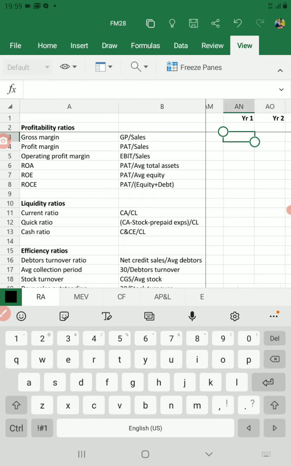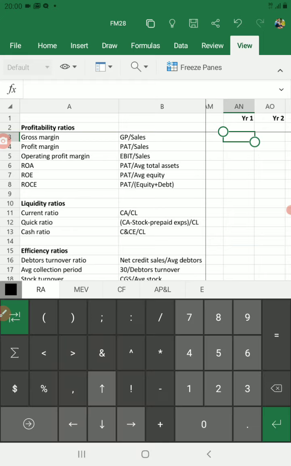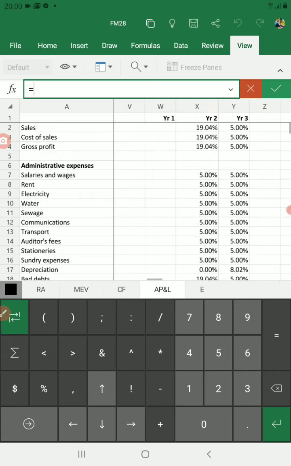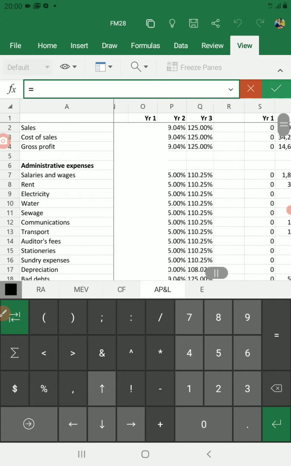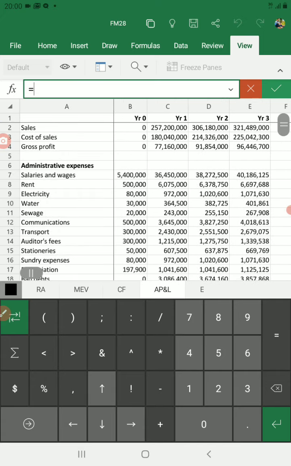Okay, so here the same gross profit divided by sales, but this time we are doing it on an annual basis. So I start with the equal sign, go to the annual profit and loss sheet, and take gross profit for year one, this one, divide by the sales figure.